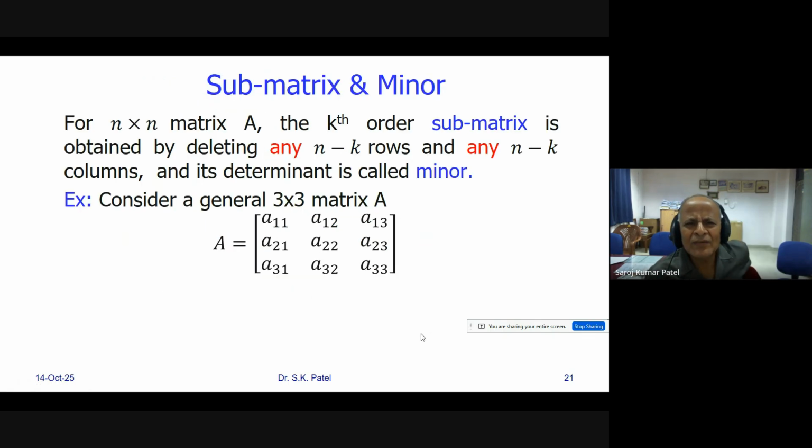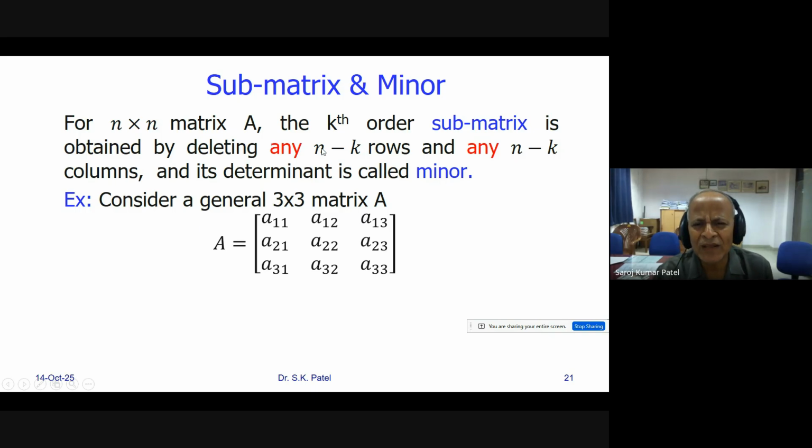Now let us try to understand what is a submatrix and a minor. So this A is a 3 by 3 matrix. If A is an n by n matrix, its kth order submatrix will be obtained by deleting the difference. n minus k rows you have to eliminate, and n minus k columns you have to eliminate.